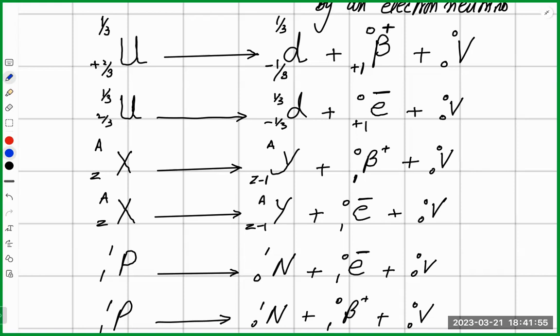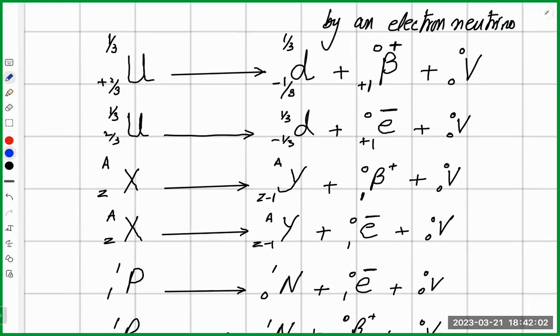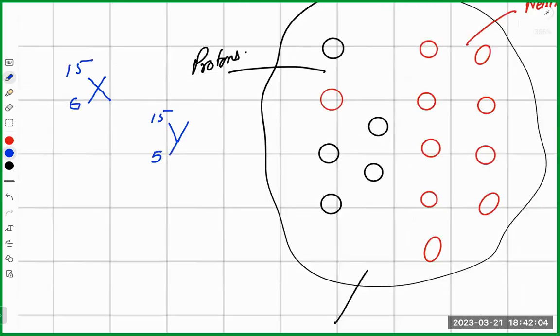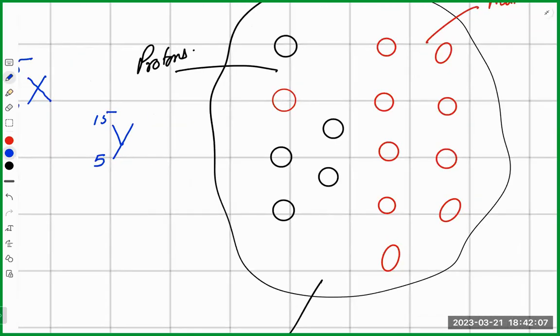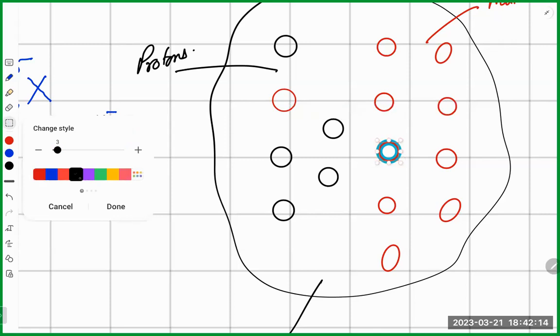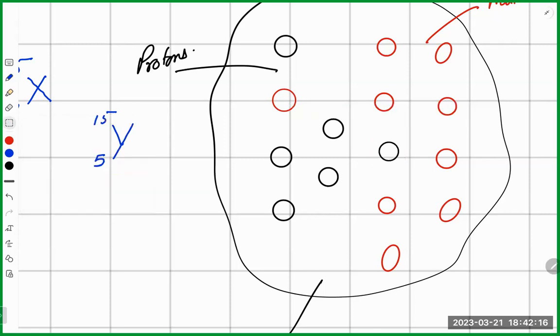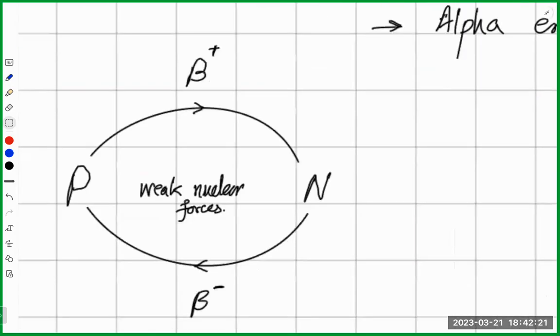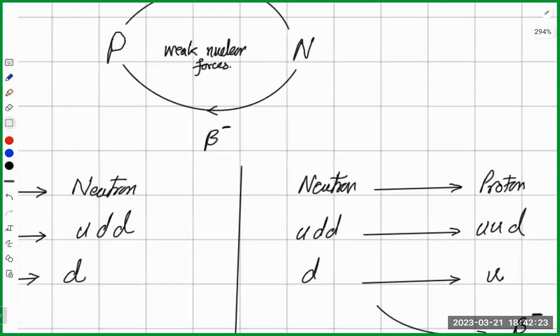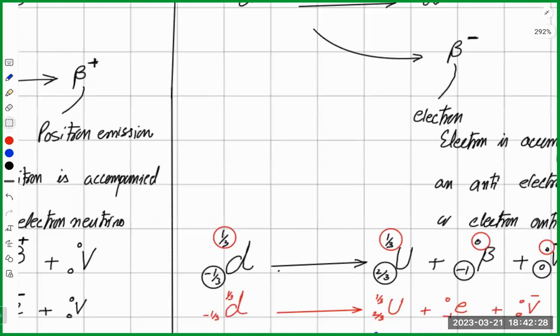Got it, sir. Thank you. Okay, do you understand? Yes. So similarly, if a neutron converts into a proton, the mass will be the same, but the proton number will increase. Exactly. So see, this is what is happening over here.